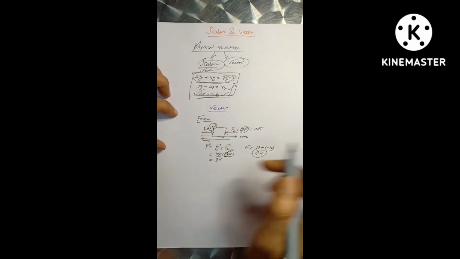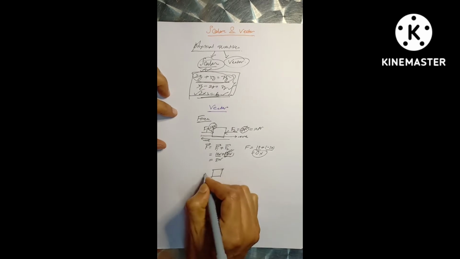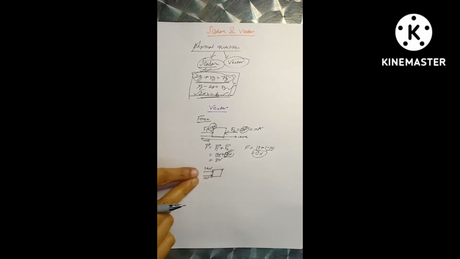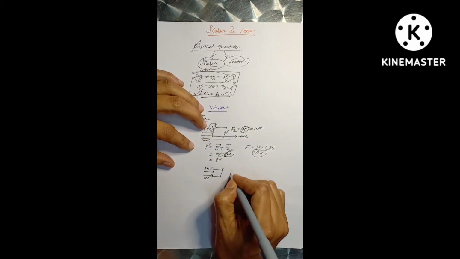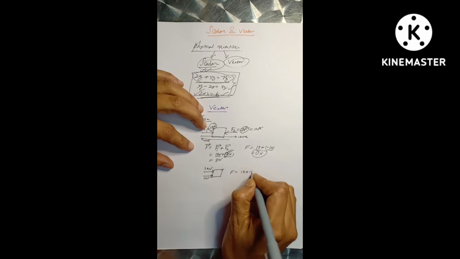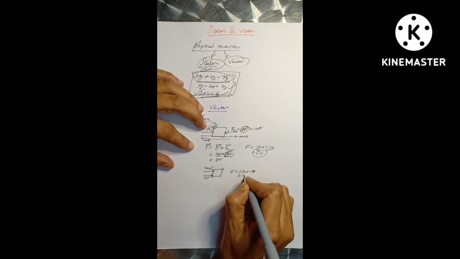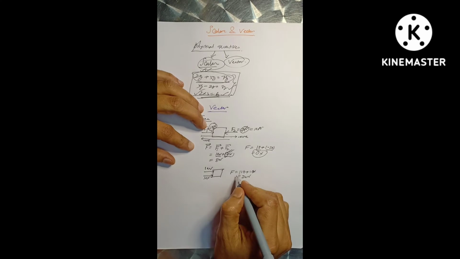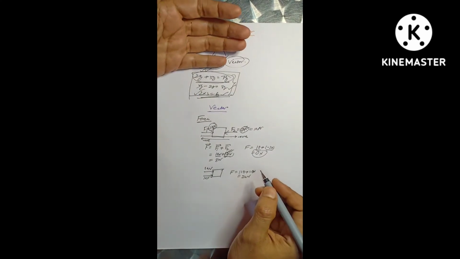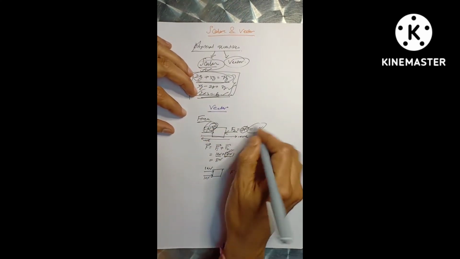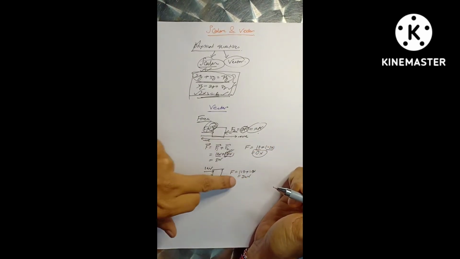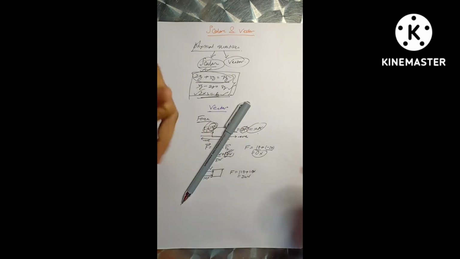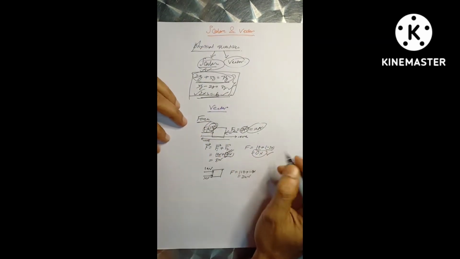If both 10 Newton forces act along the same direction, then both are positive. So the resultant force equals 10 Newton plus 10 Newton, total 20 Newton. So we have seen that equal forces of 10 Newton acting in the same direction give a result of 20 Newton, and acting in opposite directions give a result of 0 Newton.